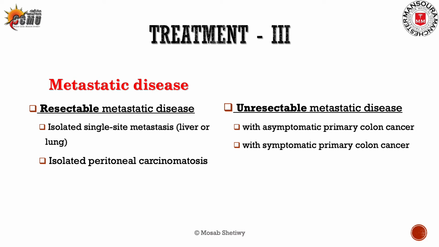But for symptomatic patients with metastatic disease, like those who present with bleeding or obstruction and so on, it's advisable to resect the primary even though the patient is metastatic. The treatment here is a salvage colectomy or whatever, so that we are treating the symptoms of the patient.